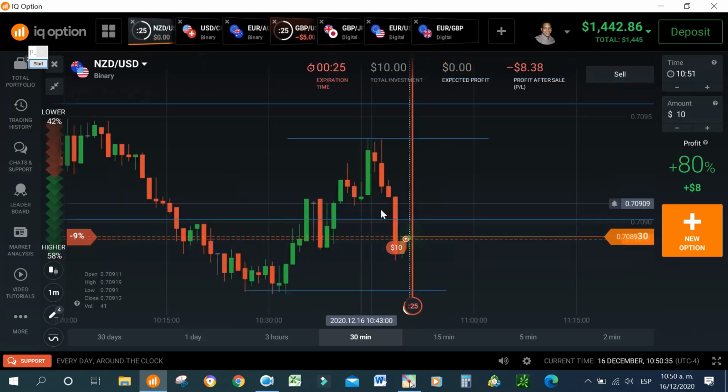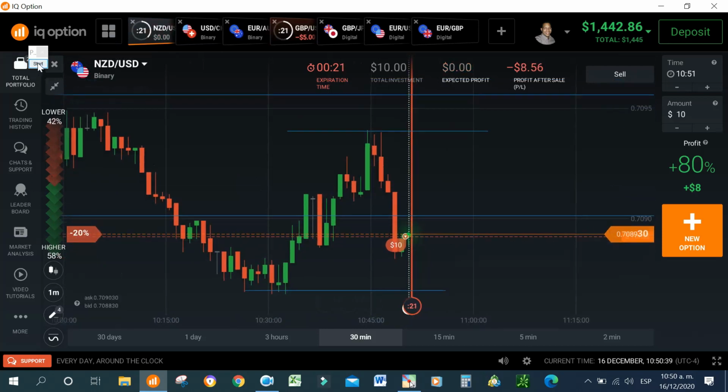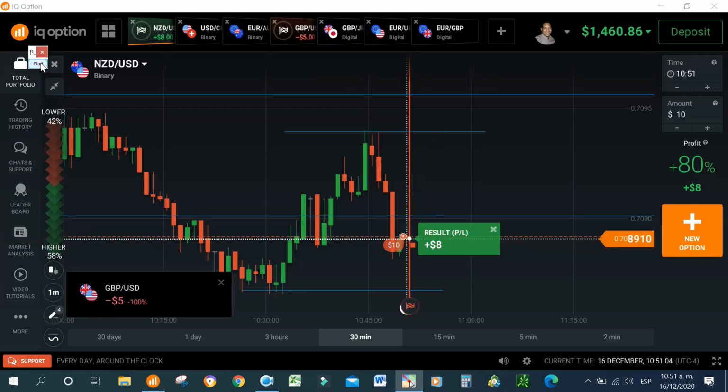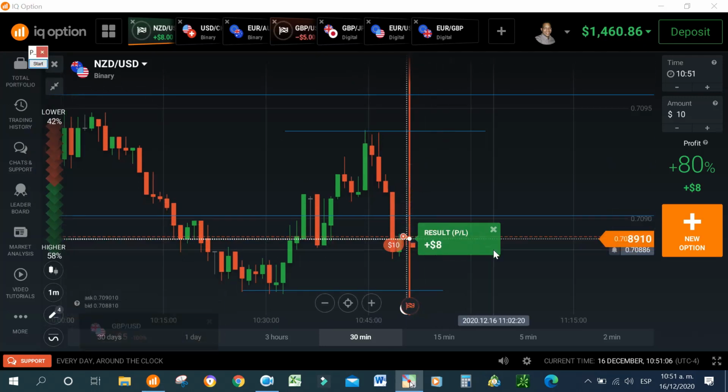So guys, let me explain to you why I made these two entries, and this is very simple. This was an important level. A couple of sessions ago there was a very strong level of support. Right now we have this very bearish candlestick, so it means that the sellers are stronger than the buyers.